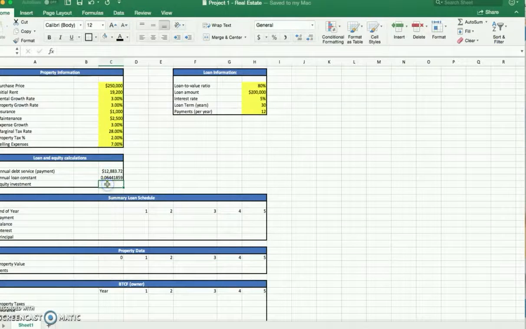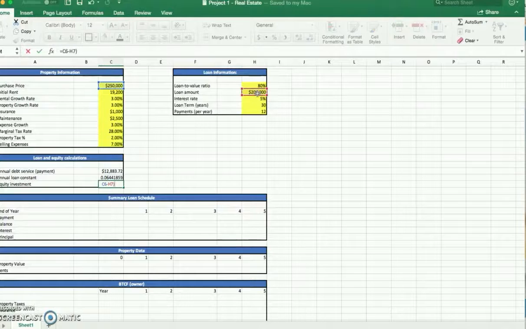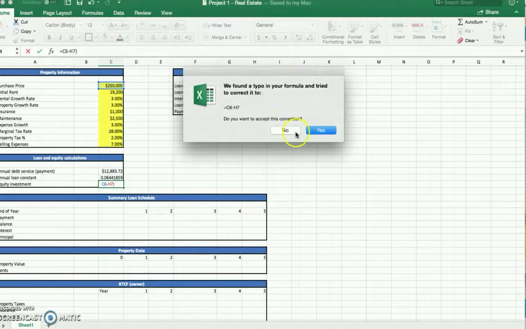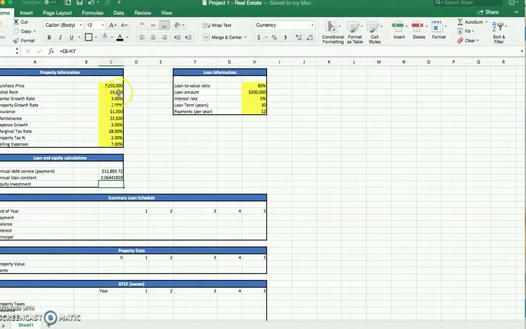And then the equity investment will be the purchase price minus the loan amount.